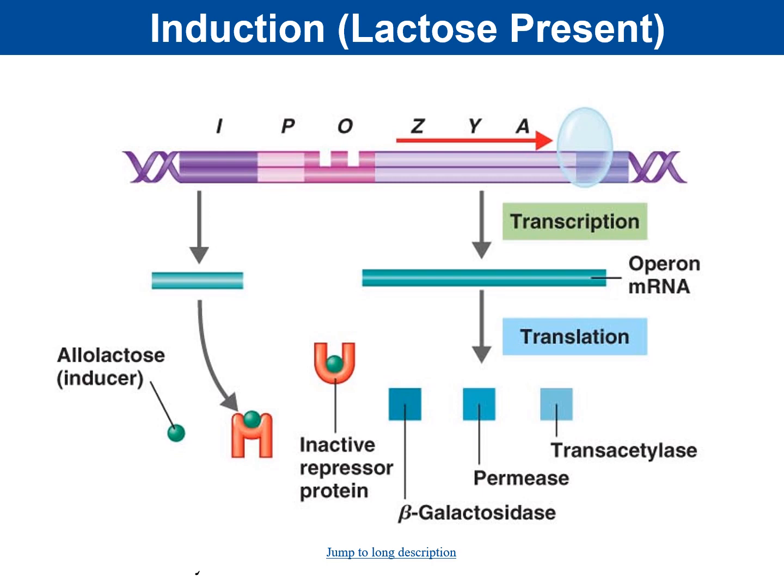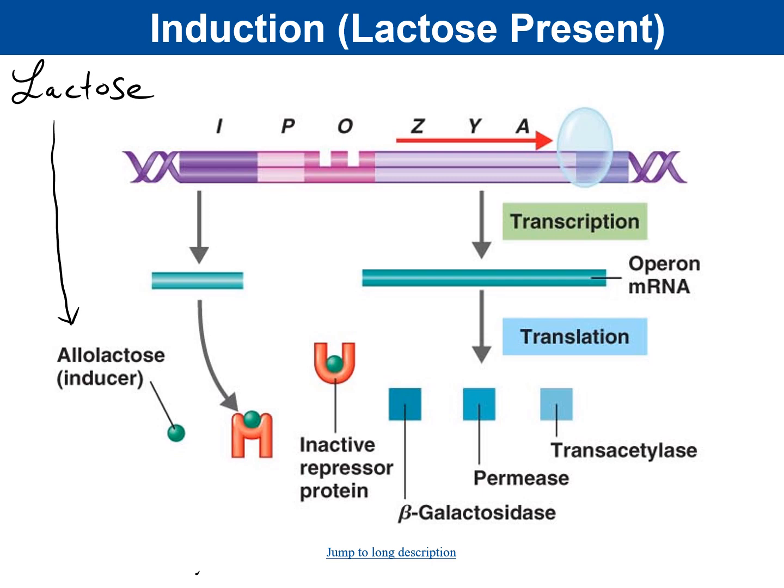Now let's look at what happens when the lactose operon turns on. This process is referred to as induction, and induction occurs when lactose is present. So let's say lactose enters into the cell because there's lactose in the environment, and a little bit of it can diffuse across the cell membrane of a bacterial cell, and then when that lactose floats into the cell, something will occur where the lactose actually will get changed into something called allolactose.